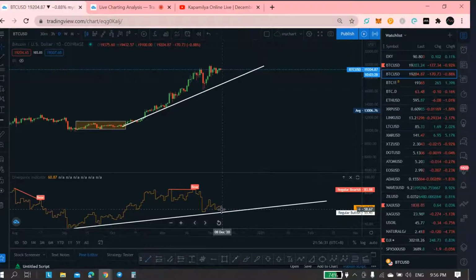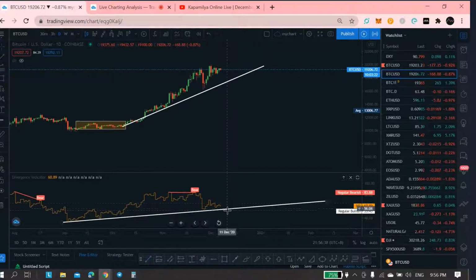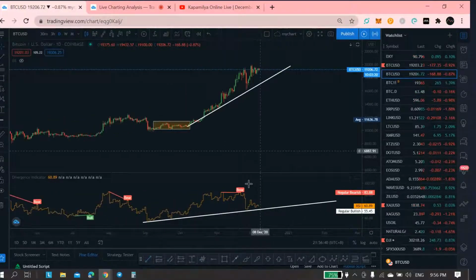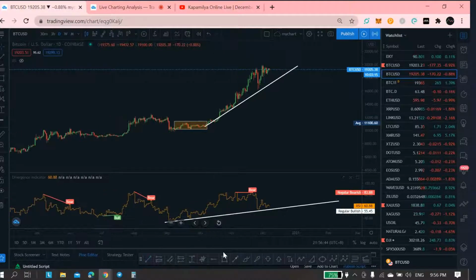So let's see if it holds or if it will break down this support I'm looking at. So you can also use that as a possible support area, and of course a possible resistance, like for example this one.